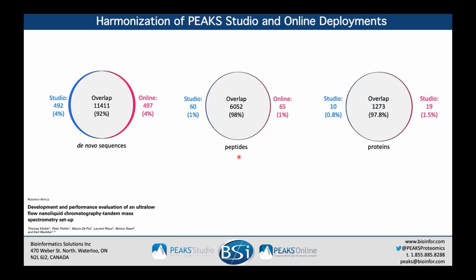We took a HeLa set from Carl's paper and ran it both in Online and Studio, and you can see that at the de novo sequence level, we have 92% overlap, and this increases when we look at peptides and proteins to 98% overlap between the two software options.